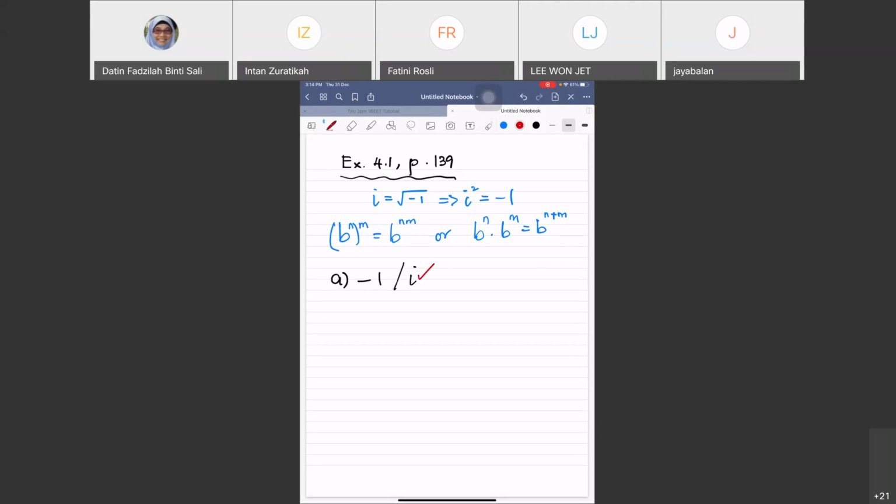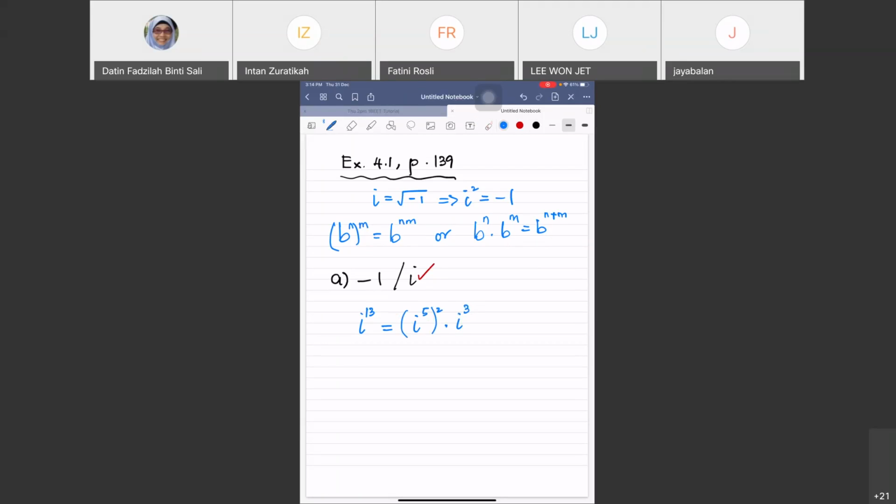So i power 13. Basically, what you need to do is to find out, in terms of using your exponent, 13 is what times what or what plus what? So for i power 13, this is like your i power 5 times 2, and then times i power 3. So 5 times 2 is 10, and then 10 plus 3 is 13.